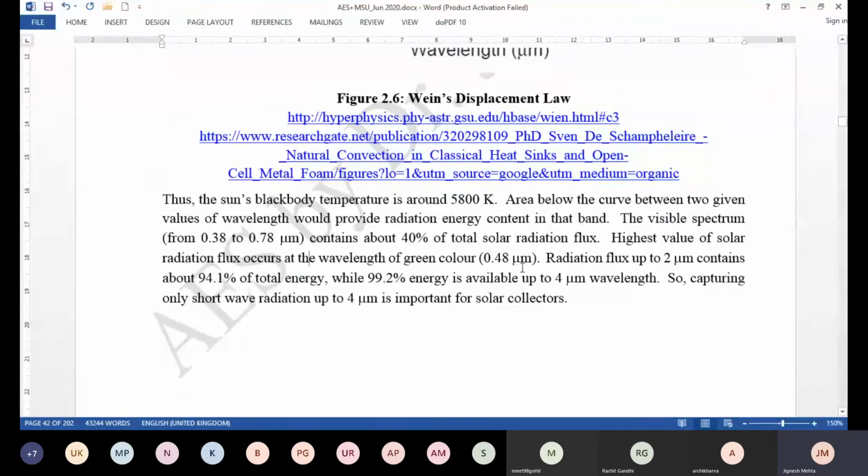The highest, as I told, occurs at green color, 0.48 micrometer, and 99.2% of energy is available up to 4 micrometer wavelength. So up to 4 micrometer wavelength, almost all solar energy is available, right?